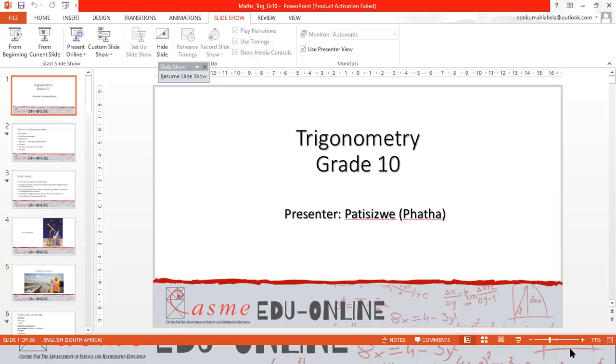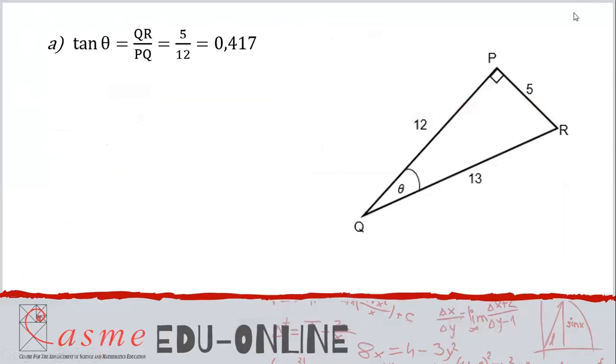Sorry, I'm just trying to get my calculator. Patty, use your share screen option, and then you'll find your calculator on the share screen, if you've opened it already.